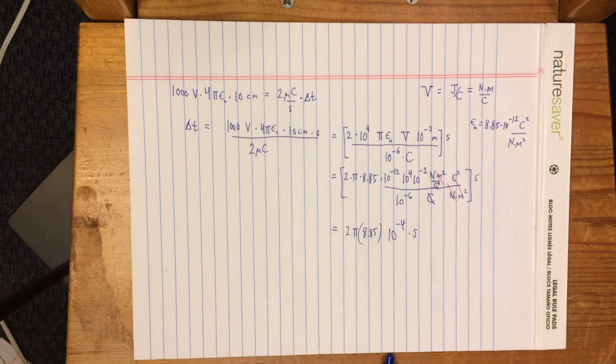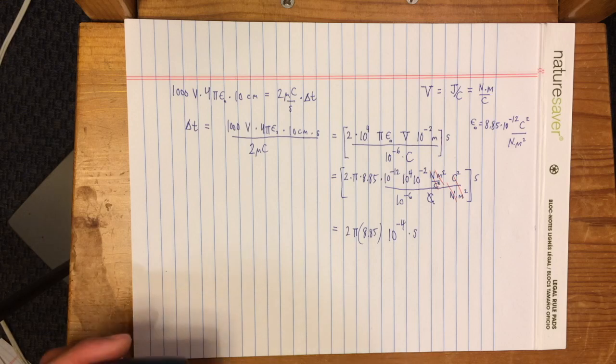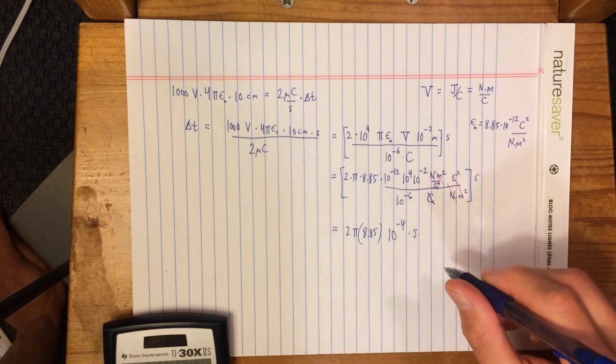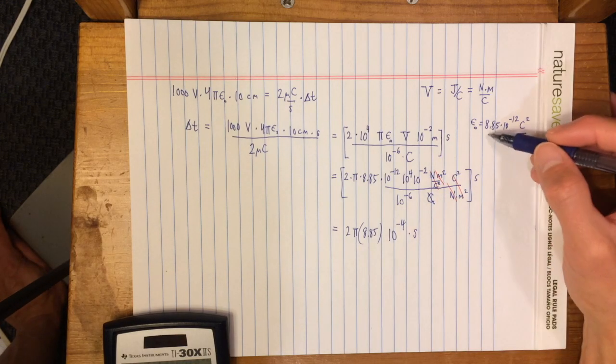So after tons of me talking, I get 2 times 3.14159 times 8.85 equals 55.606. I'm going to keep, I've got 3 sig figs here.